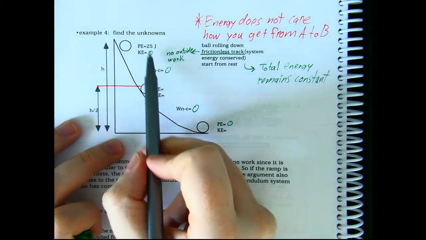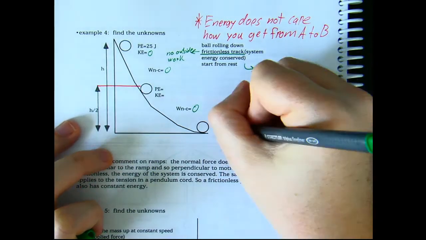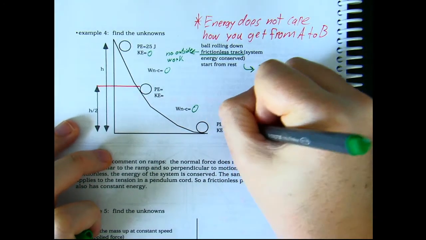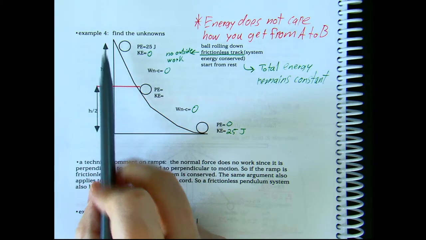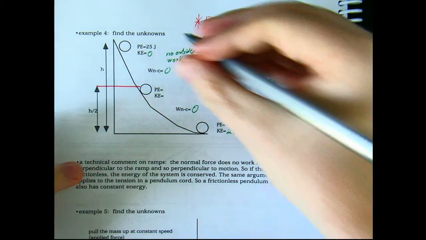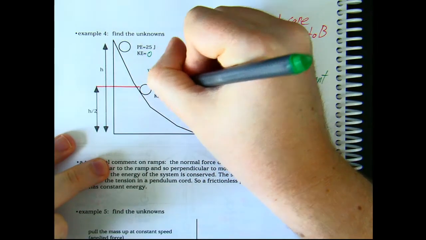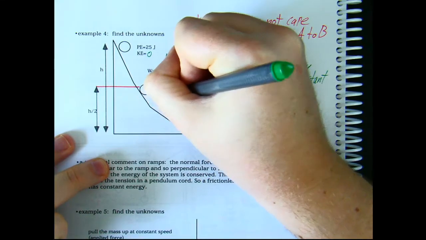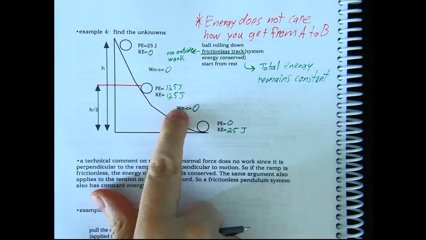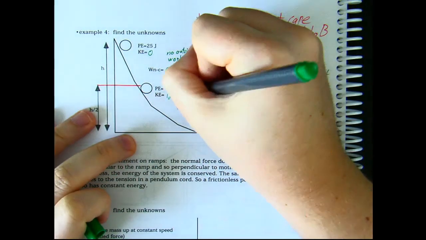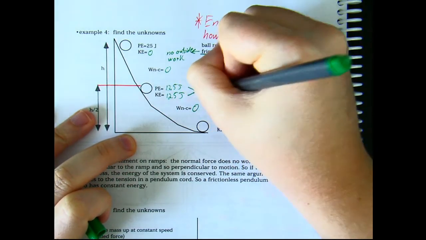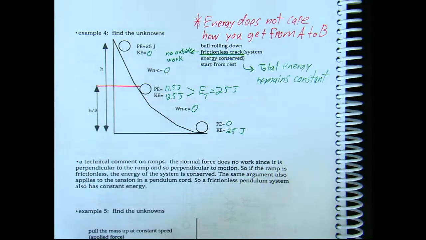So if I had 25 and 0, I'm going to have 0 and I'm going to have 25. And then right in the middle, halfway down, half of my energy is going to have changed. So I'm going to have 12.5 joules of potential energy and 12.5 joules of kinetic energy, because the total system energy has to remain 25 joules. And I'm halfway down.